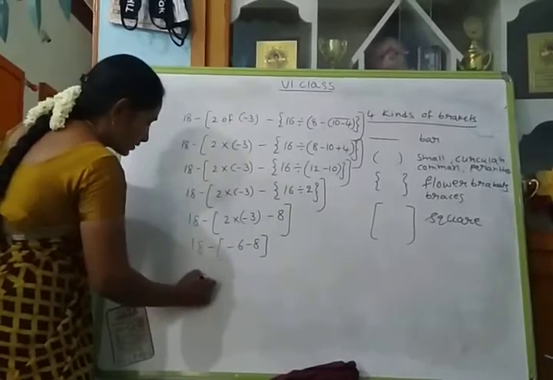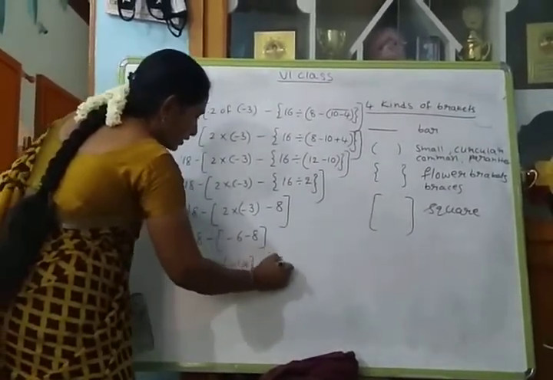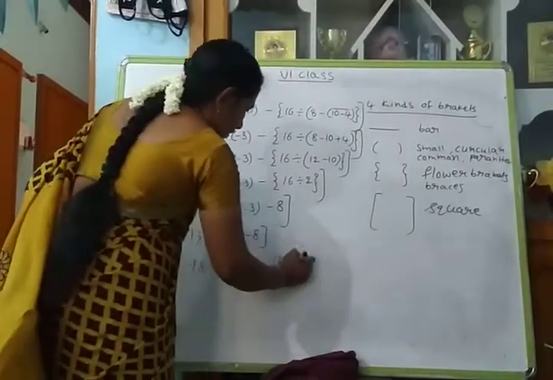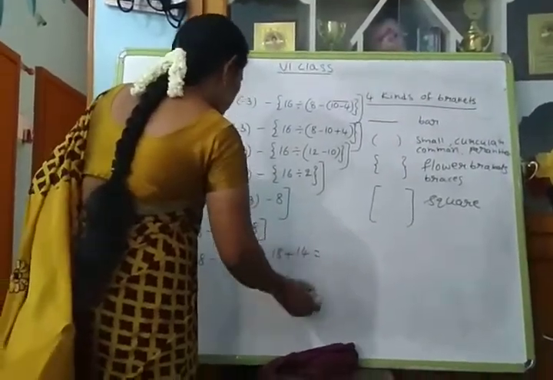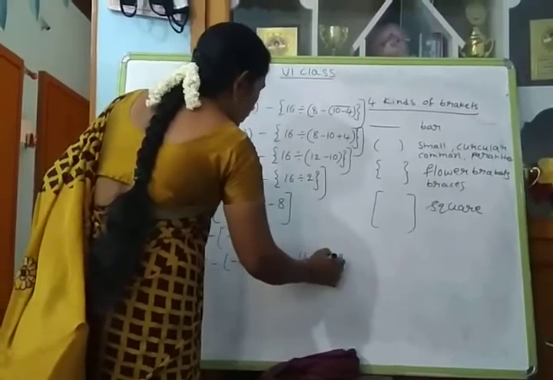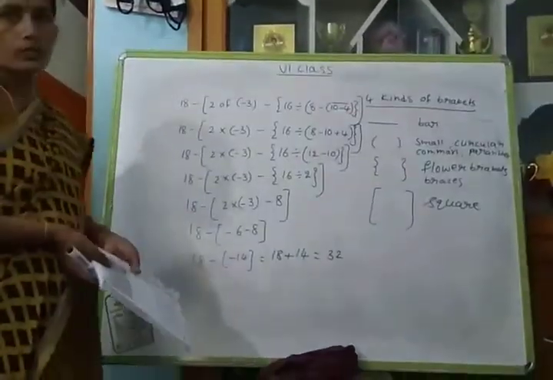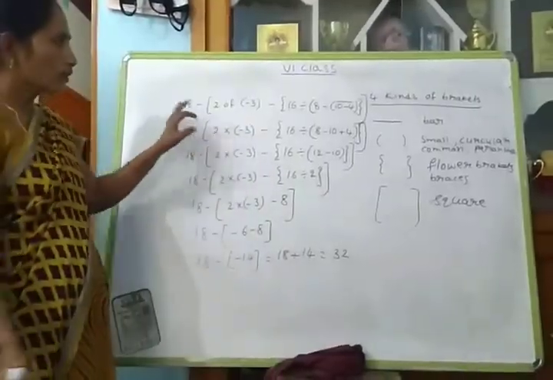How much is minus 6 minus 8? Minus 14. So 18 minus into minus plus 14. 18 plus 14: 8 plus 4 is 12, so 32. Answer: 32. So like this we have to simplify.